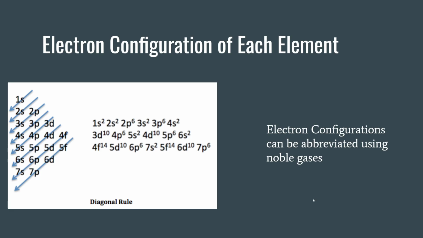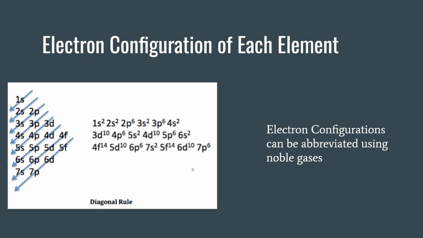So let's first say what an electron configuration is. This is a way to write out what energy levels around the nucleus the electrons are naturally in, and can be done using the diagonal rule, where you fill energy levels in accordance to this diagram until you have used all of the electrons around the atom.